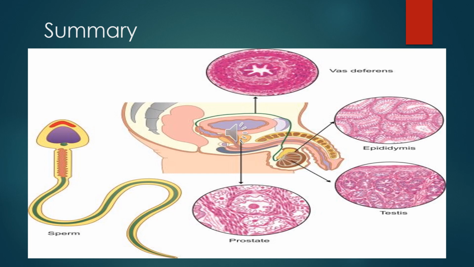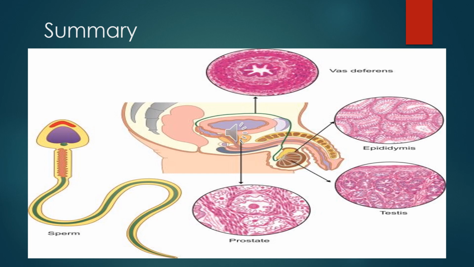Each seminiferous tubule consists of complex stratified epithelium or germinal epithelium. It is surrounded by a basal lamina, and from the basal lamina to the lumen of the tubule, there are different stages of spermatogenesis.